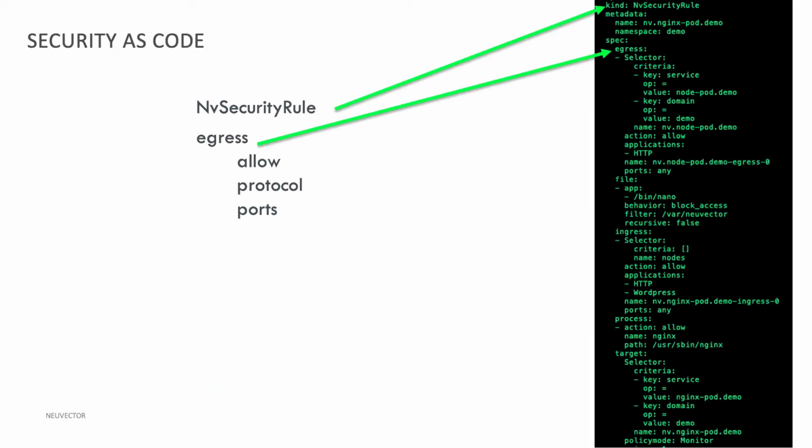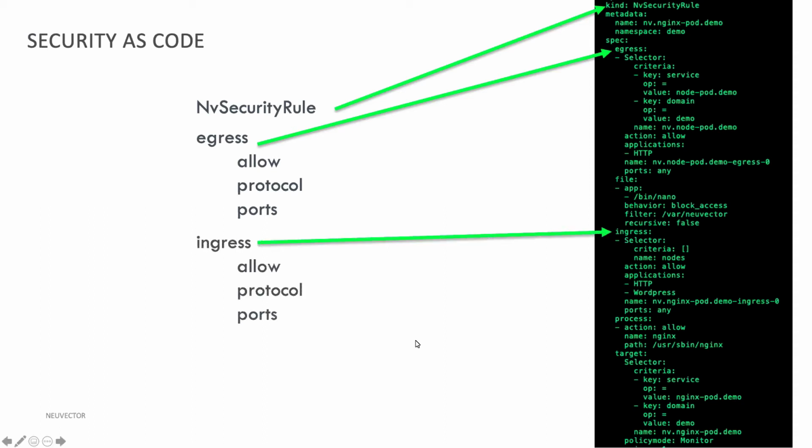And I mentioned security as code. I won't spend too much time on this, but I'll just give you a peek at what the YAML file for our CRD looks like. The CRD is defined as an NV security rule. We can create all of this for you by learning the behavior. So egress policies on what's allowed to egress the cluster, what's allowed to come into this application here.